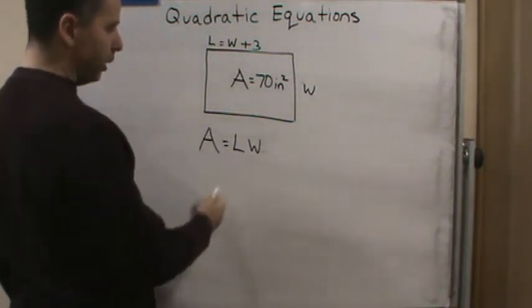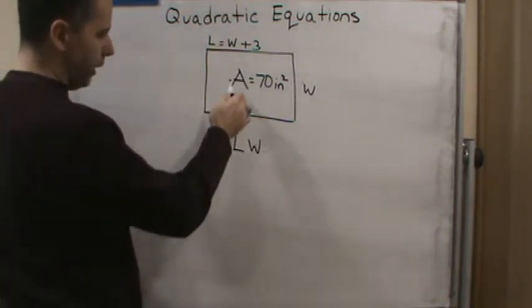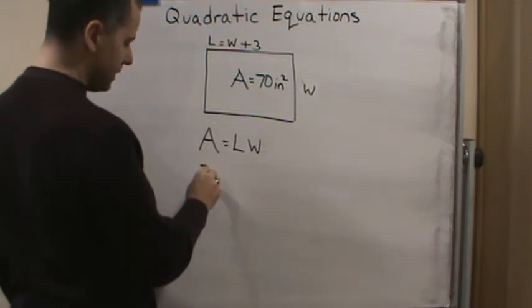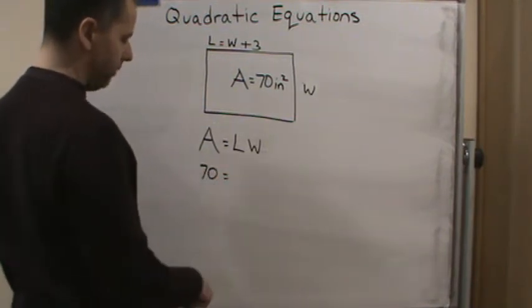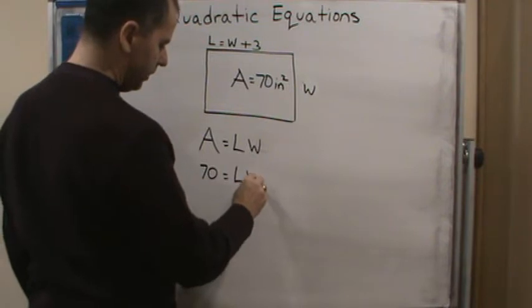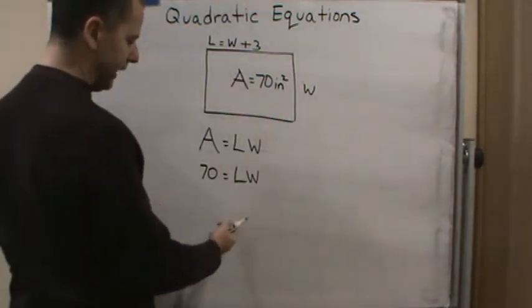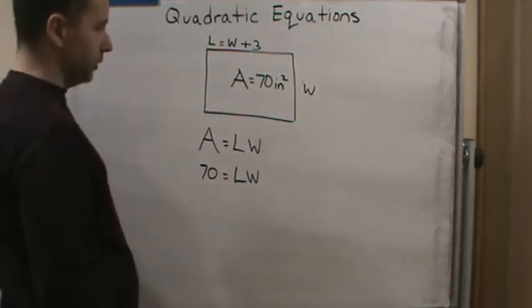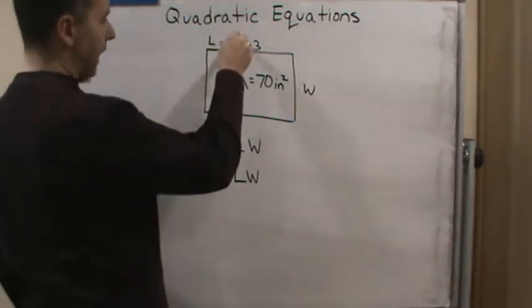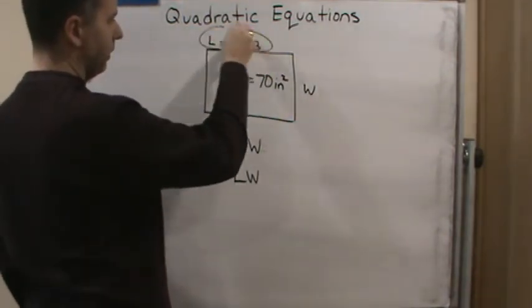Now, we've got 3 variables here. Well, let's plug in what we know. This is 70 inches squared equals L times W. Well, we still have 2 variables. We can't solve this if we have 2 variables. But we've got this.